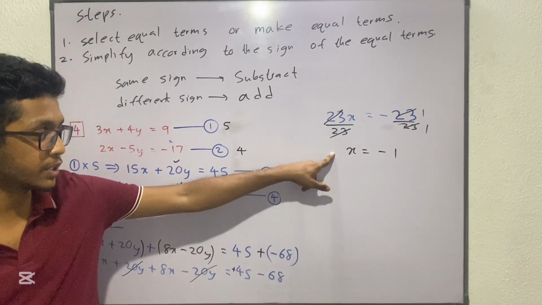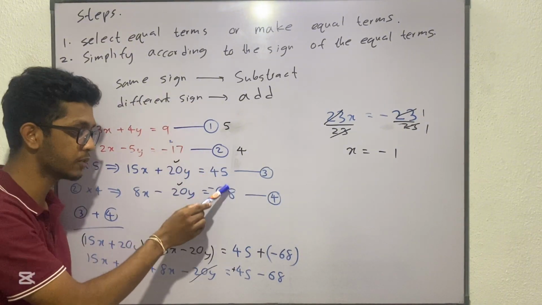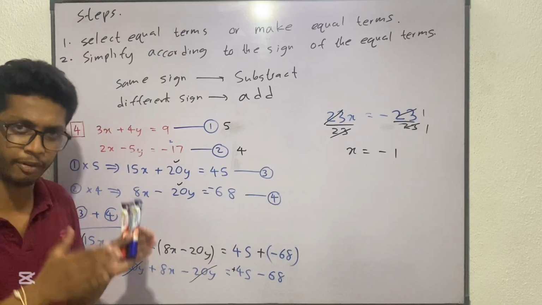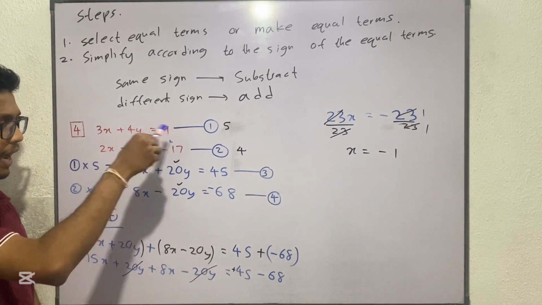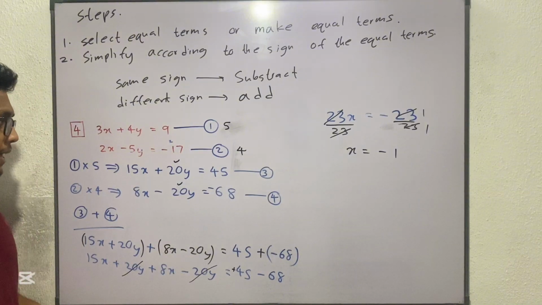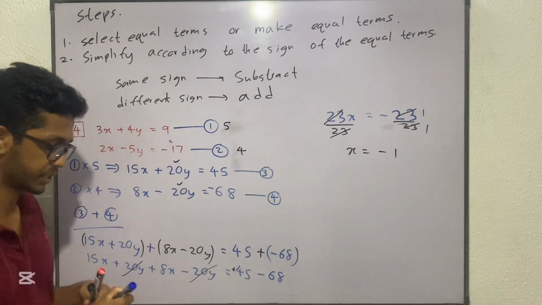Now I need to substitute this x equals minus 1 value into any of these four equations. As I explained before, no matter which equation, finally we get the same answer. So I have to select one from these four and substitute that value. I'll take the first equation.